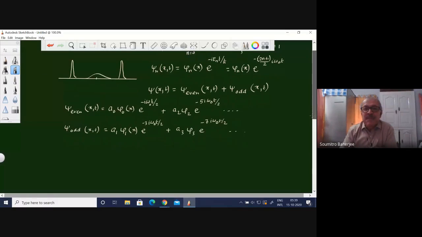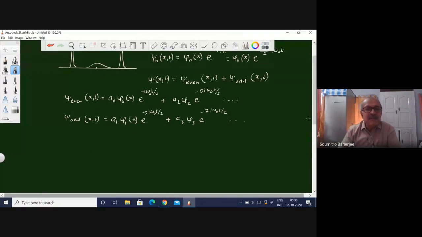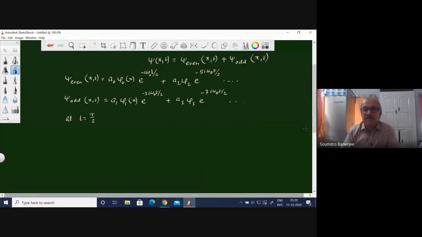Now, if you take them separately, you will find that at t equal to T by 2, if you put t equal to T by 2, the even functions will behave one way and the odd functions will behave another way, and all the parts of the even functions will behave the same way. So, because e to the power minus i pi by 2 is the same as e to the power minus 5 i pi by 2.